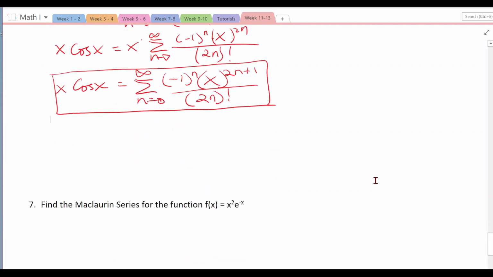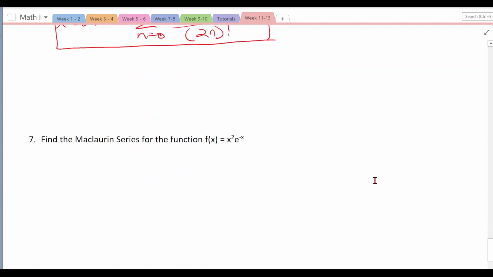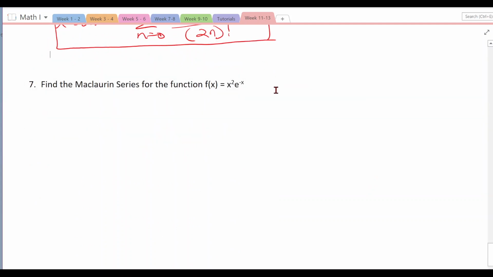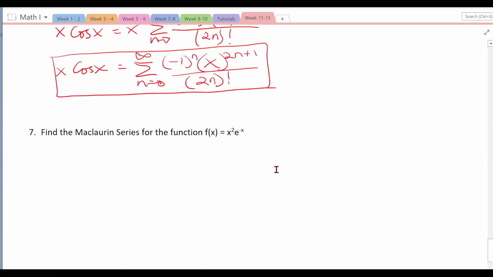What about the next one? Find the Maclaurin series for x squared times e to the negative x. Again, we know e to the x.